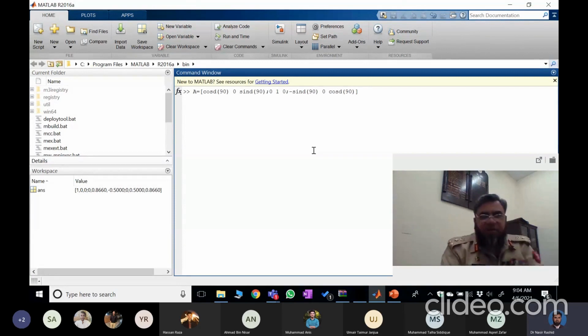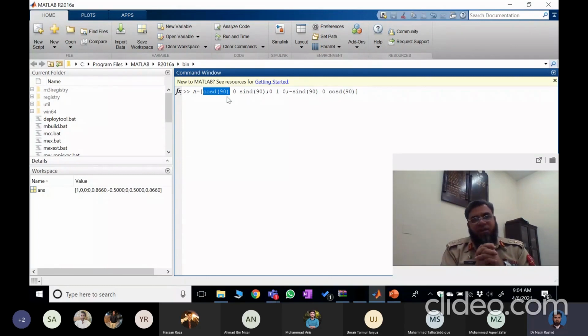Just look at this: whenever we write down the angle, if I want to write cos 90 degrees, I write cosd(90). One thing to keep in mind is that when we are talking in degrees we do this, and if I am talking in radians, I have to multiply by pi by 180. If I am using Matlab and talking about theta in radians, then the command has to be multiplied with pi by 180.